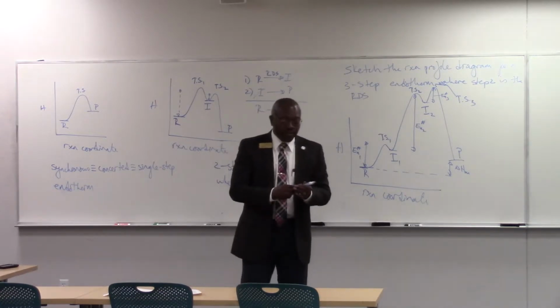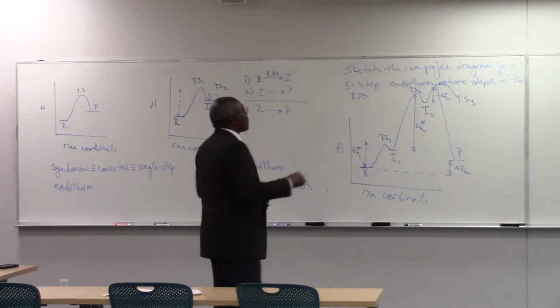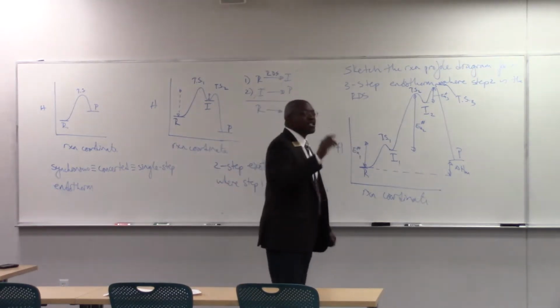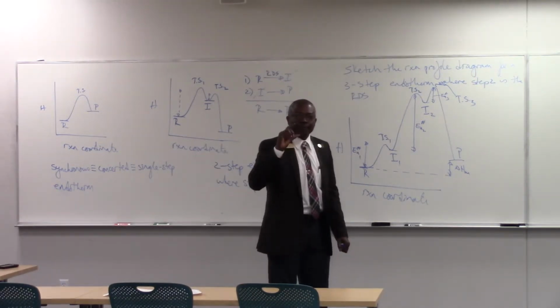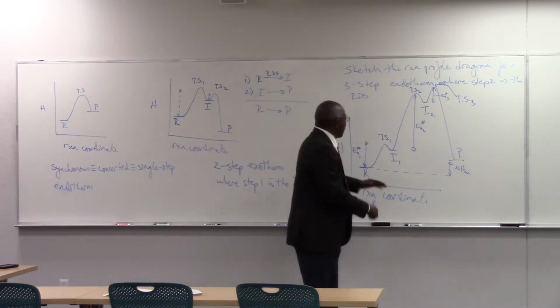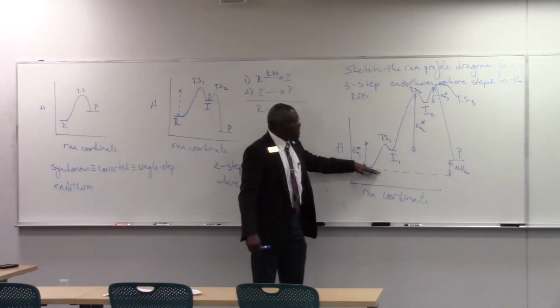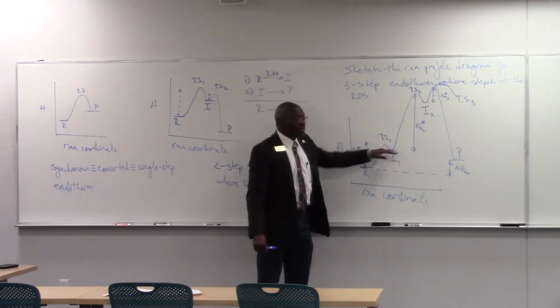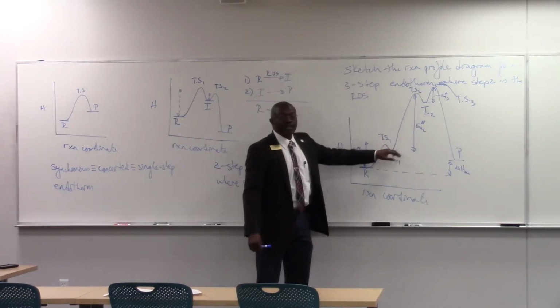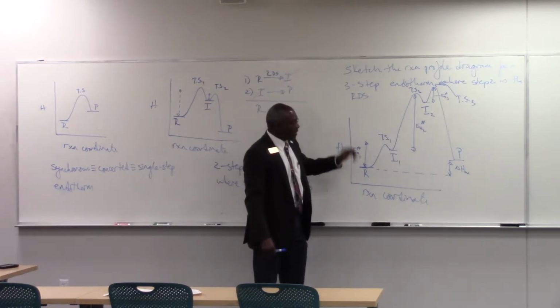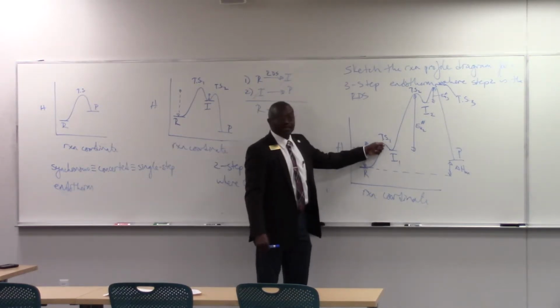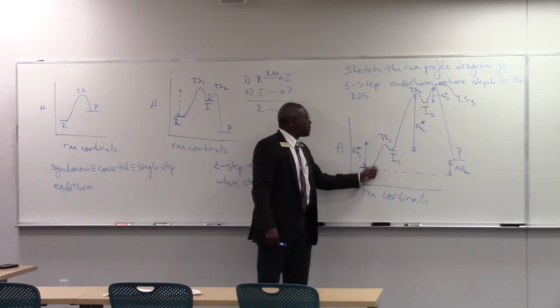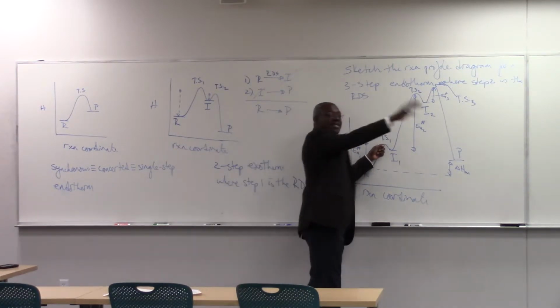Now I'm going to make a point here. The activation energy barrier is a difference between the minimum and the maximum, between the consecutive minimum and the succeeding maximum.